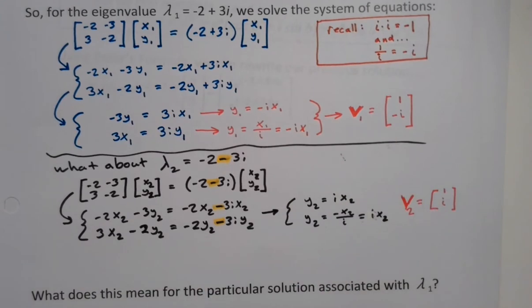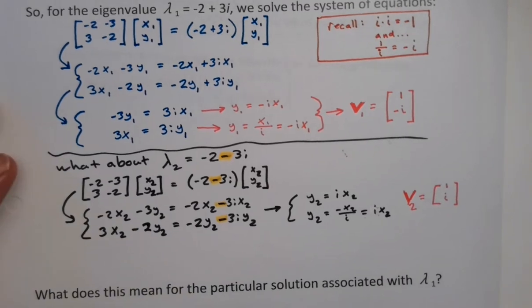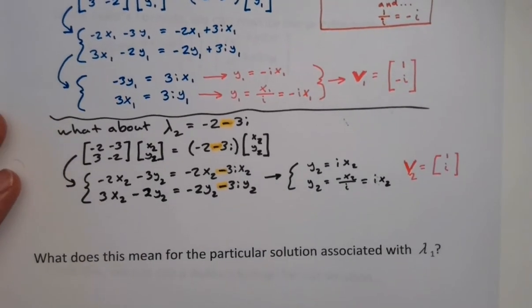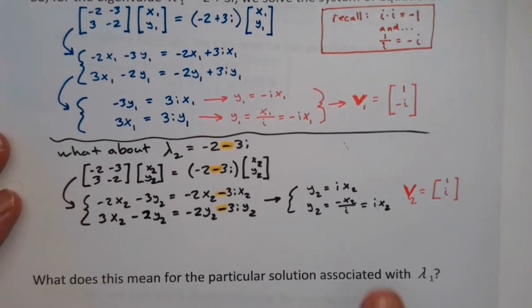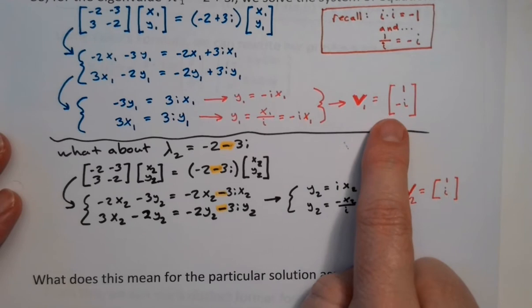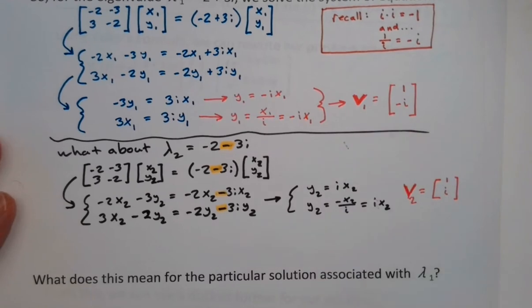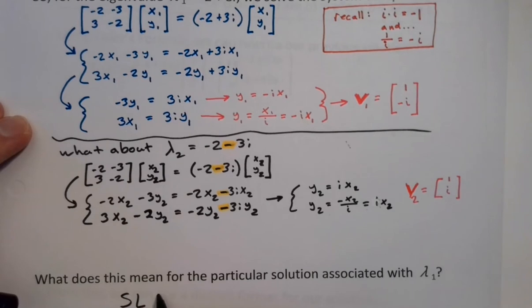So just like the eigenvalues are conjugates, the eigenvectors are also going to be conjugates of each other. So what does this mean for the first eigenvector and eigenvalue? Well, that means straight line solution, for what it's worth, I'm going to put little quotes around it.